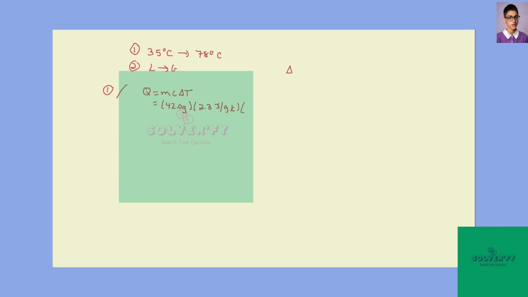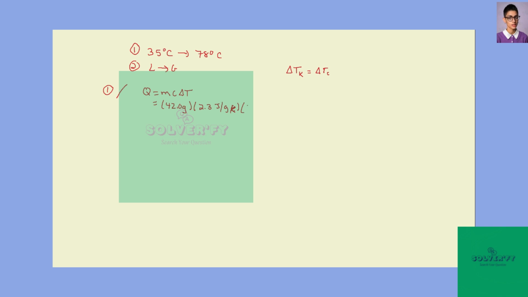I'm going to go ahead and do the change in temperature in Celsius, even though this is per Kelvin, because since you're doing a change, the change in temperature in Kelvin will be equal to the change in temperature in Celsius, since the size of a degree in Kelvin is the same as the size of a degree in Celsius. If it was absolute temperature, you couldn't do this. But since it's a change in temperature, you can.